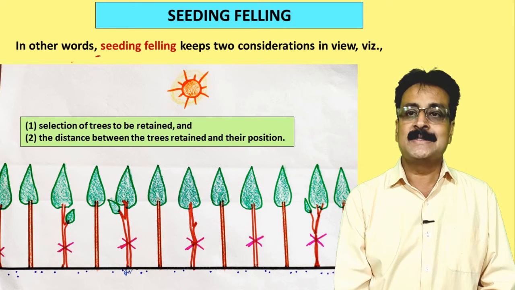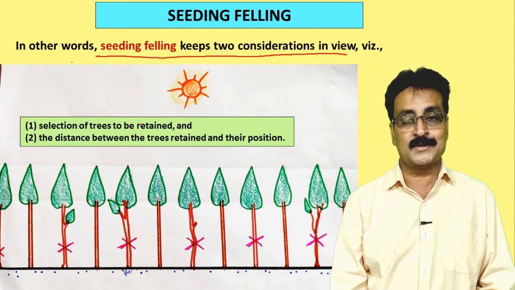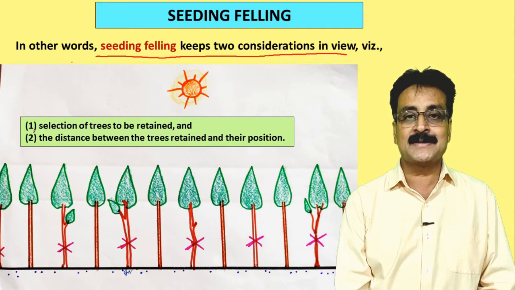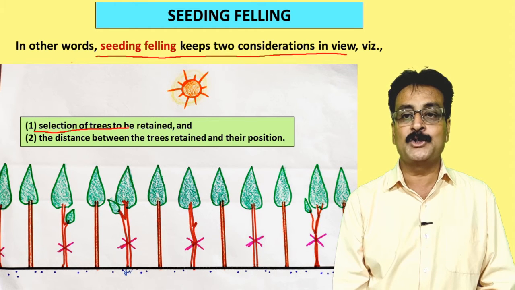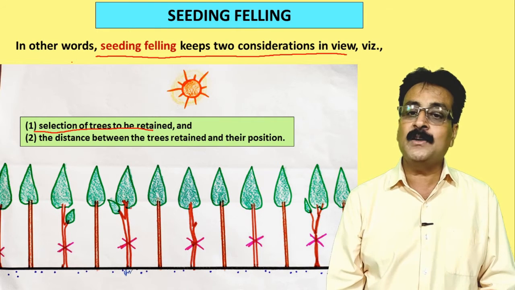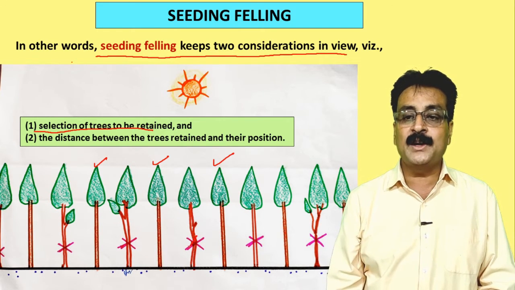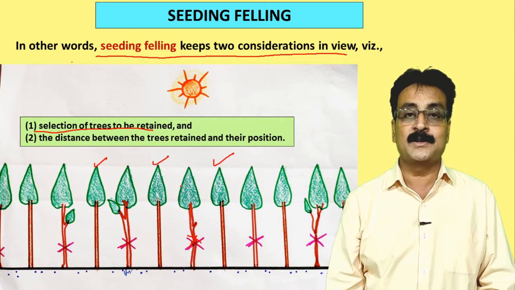In other words, seeding felling keeps two considerations in view. Number one is selection of trees to be retained. What trees in seeding felling will we retain, and what trees will we cut down? This is the first consideration.